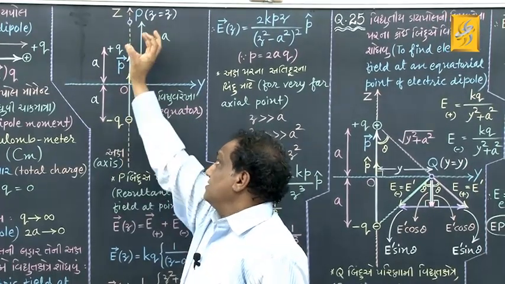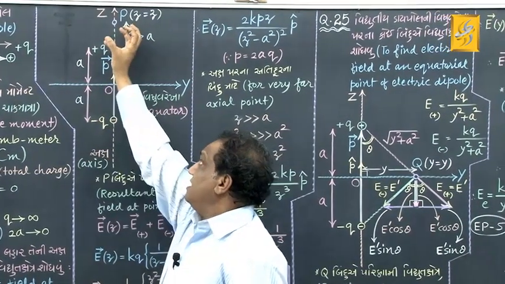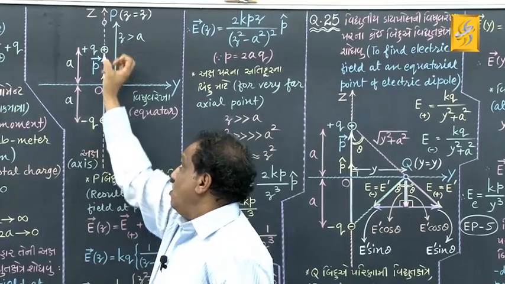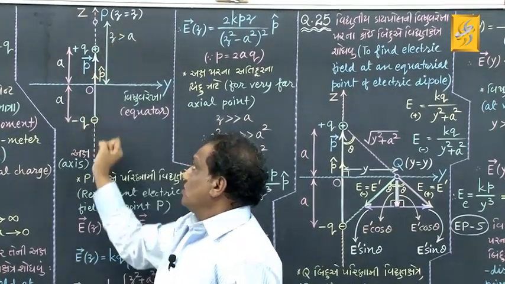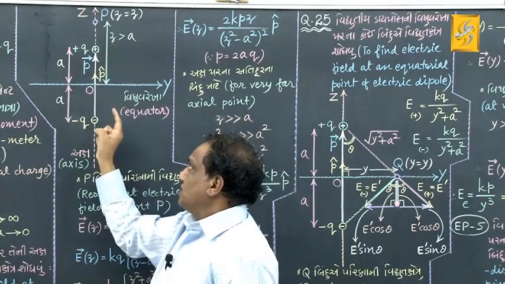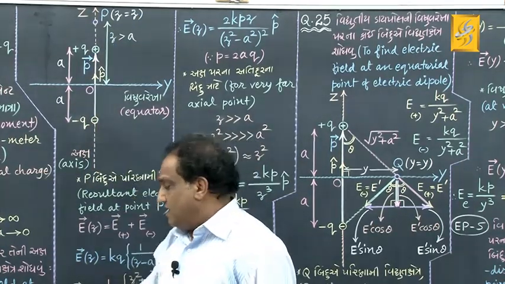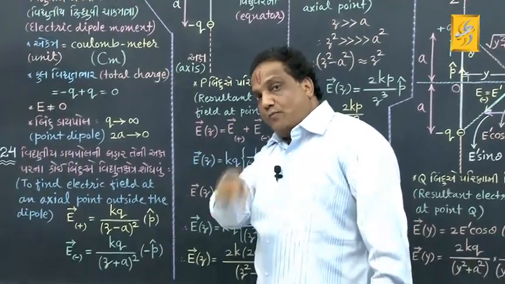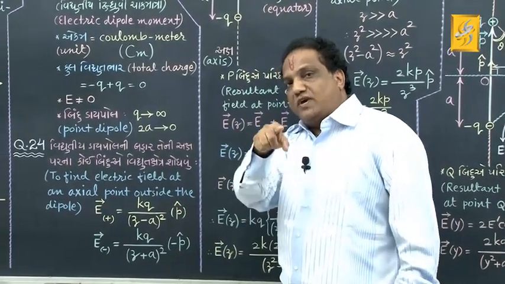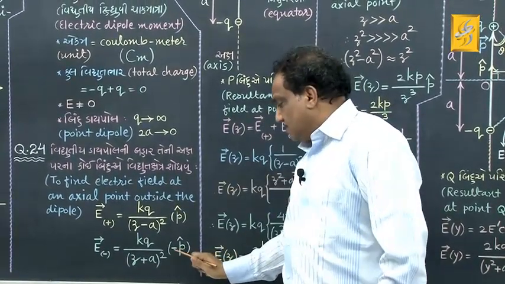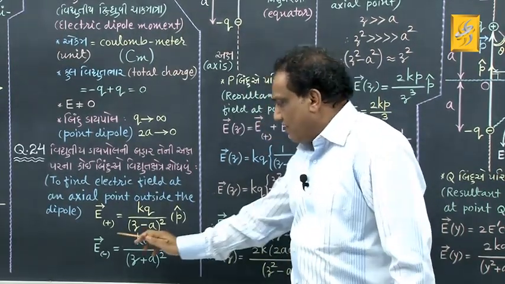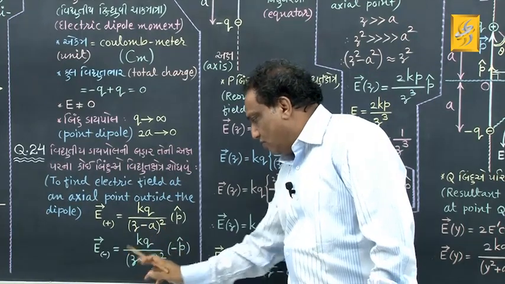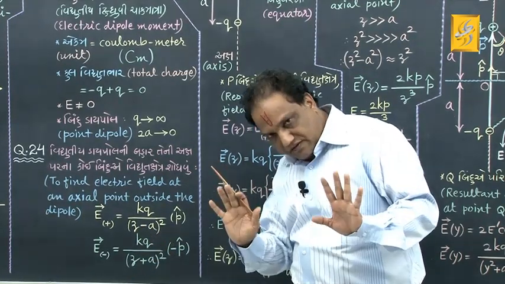Towards this charge means opposite to vector p. So you must take a unit vector opposite to p hat, and that unit vector is minus p hat. Vector equals magnitude multiplied by unit vector.